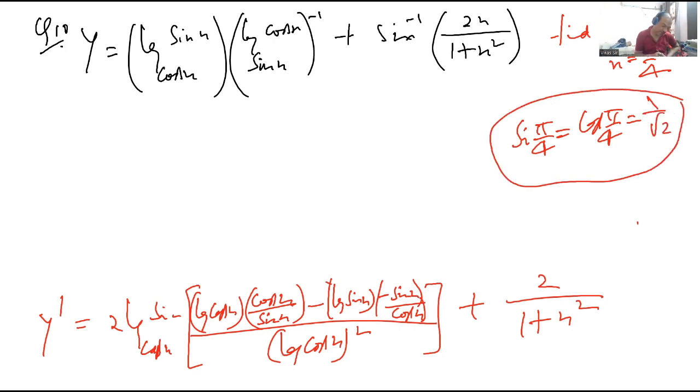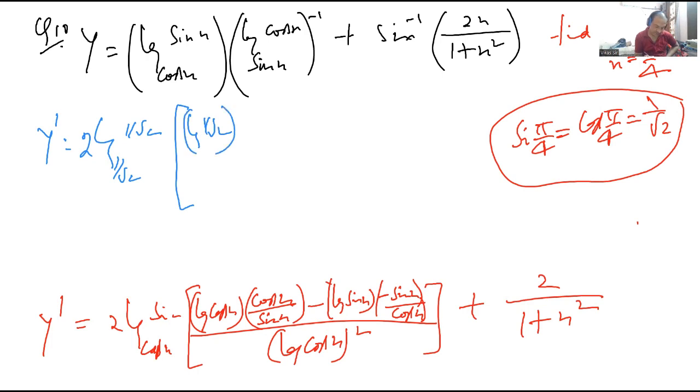Now here, y dash is equal to twice log 1 over root 2, with base again 1 over root 2. In the bracket, I will have log 1 over root 2. And when we have cos over sine, it will give me 1. This minus and this minus will become plus.